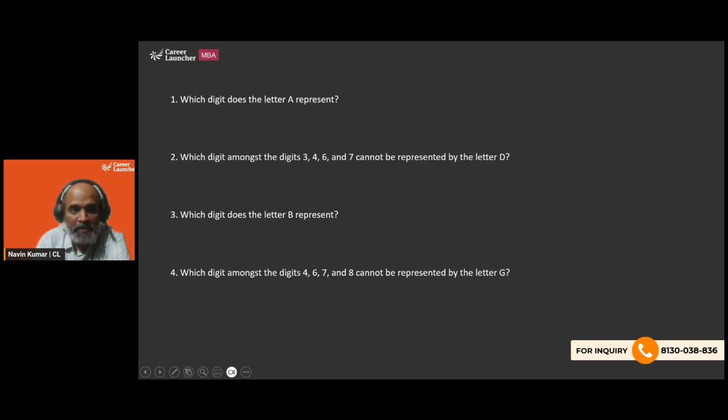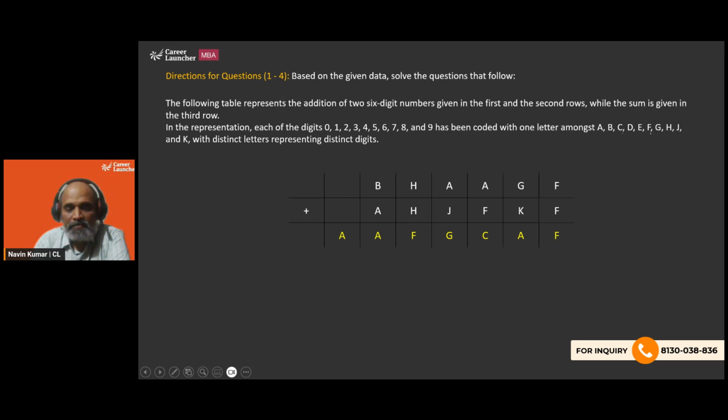Again, a definite one. And the fourth question is similar to the second one: which digit amongst the digits 4, 6, 7, and 8 cannot be represented by letter G? So it looks like for D and G we may or may not know exactly what it is, but when it comes to A and B, we would know that. So let's look at the set.